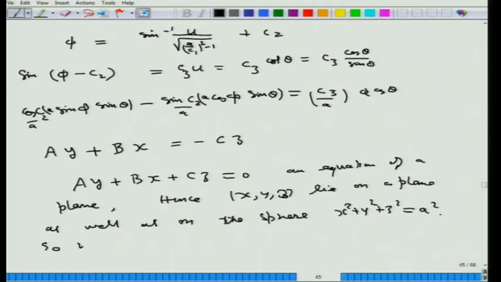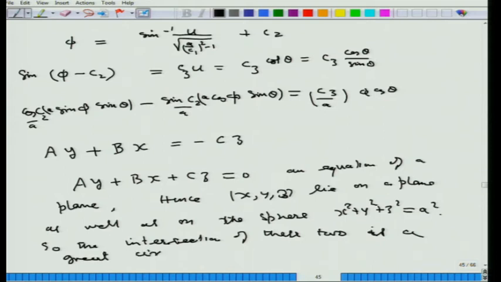So, the intersection of these two is a great circle. So, we get the answer as great circle. So, joining these 2 points, the least length would be achieved when the curve is a part of great circle. So, that is what we get here in this case.